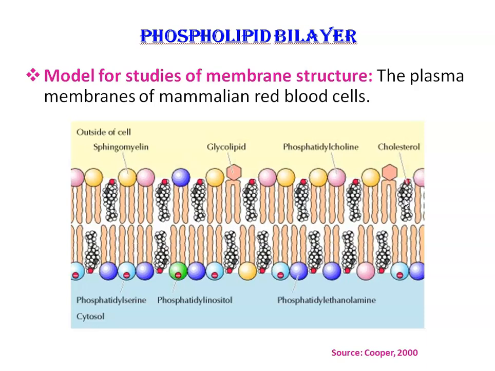Cholesterol prevents membranes from freezing and maintains membrane fluidity. So, cholesterol is an essential component of animal cell plasma membrane. Plant cells lack cholesterol, but they contain related compounds, that is, sterols, that fulfill a similar function.